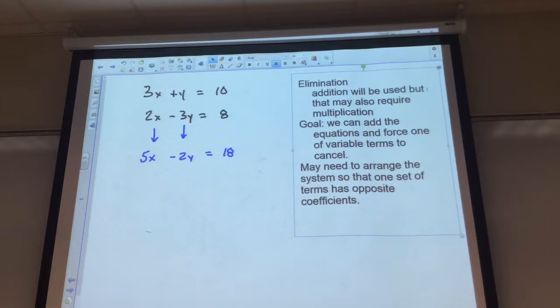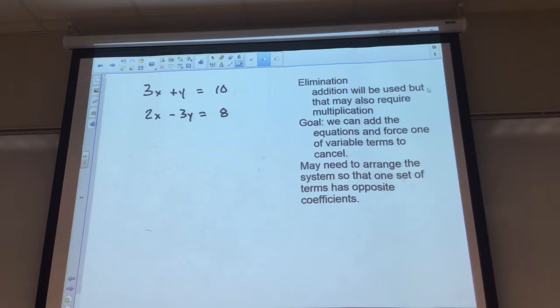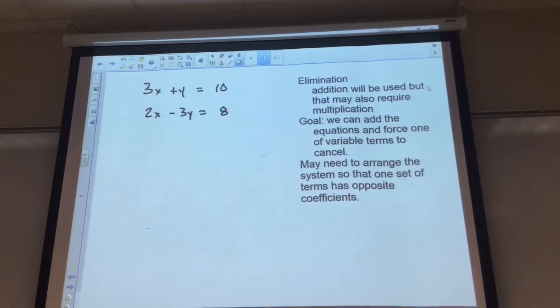If we wanted to attack the x terms in the problem and wanted to force that to be the variable that would be eliminated, we would have to arrange it so that those two coefficients would turn into something that's going to be equivalent to one another, which is the sign difference, which means that we would need the least common multiple of those. That means I'd have to multiply both equations by something.